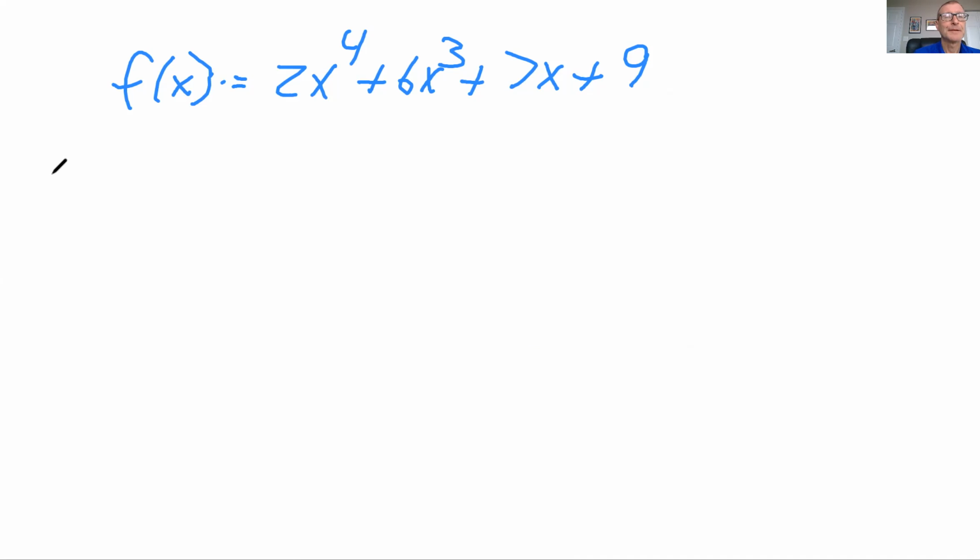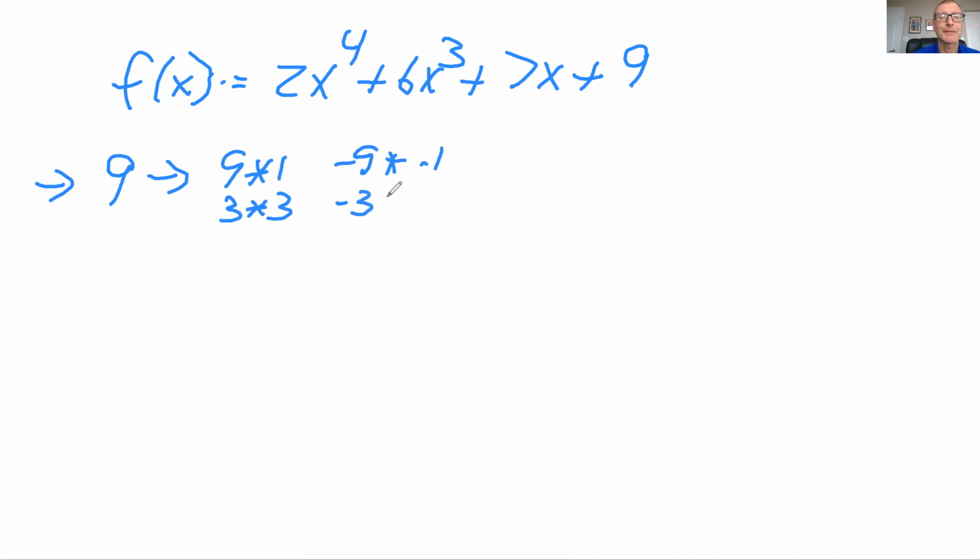And so the idea of this is the factors of 9. You would have 9 times 1 and 3 times 3, right? And also -9 times -1 and -3 times -3. So you'll see you always have the plus and minus versions of it.